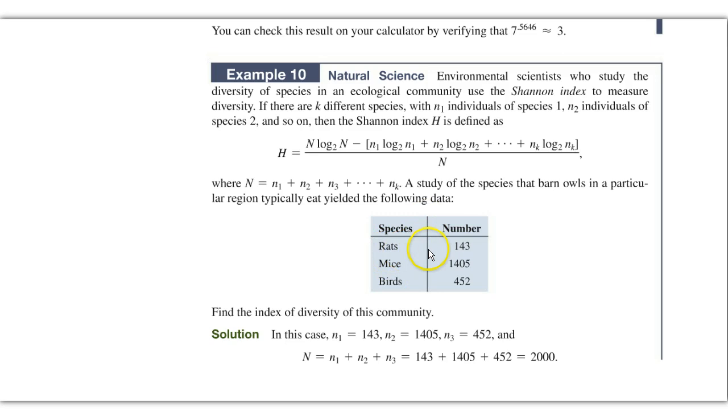Well, there are this many rats, this many mice, and again they've done a survey, I'm assuming, to get this, and then they have birds. So to find the index of diversity in this community, we're going to define our n sub 1 as this, n sub 2 is this, n sub 3 is this, and then when we add them together, we get 2,000.